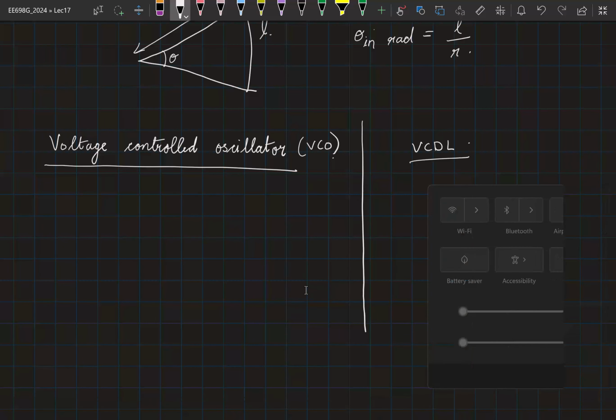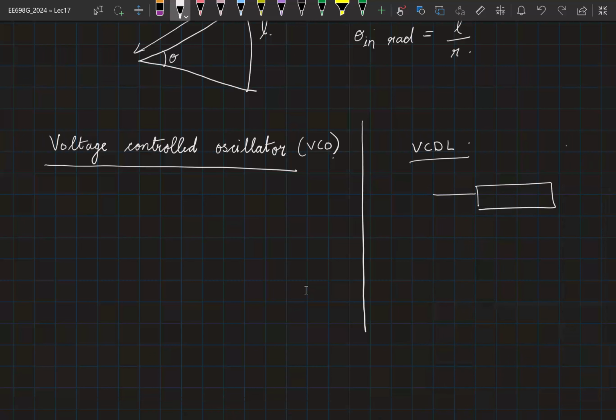In a VCDL, you have an input, some output, and there is some delay across this given by TD. You are able to vary this delay with respect to VC, and we were able to model this as TD equal to some T0 plus KDL into VC.